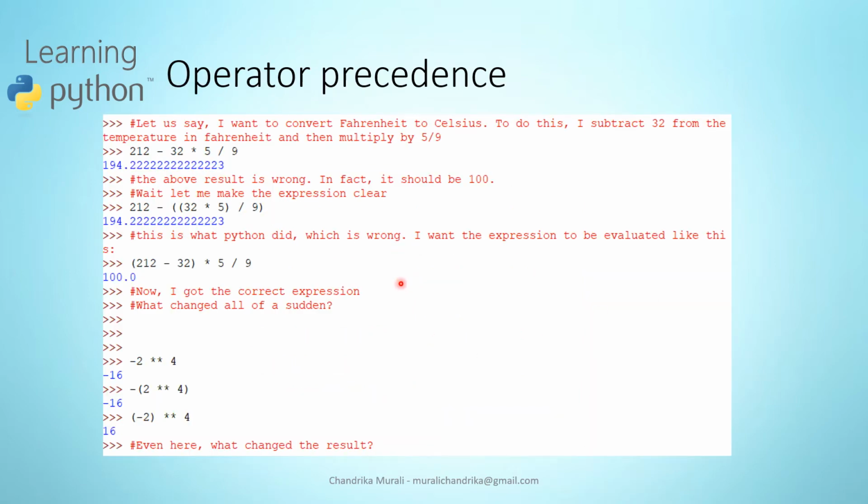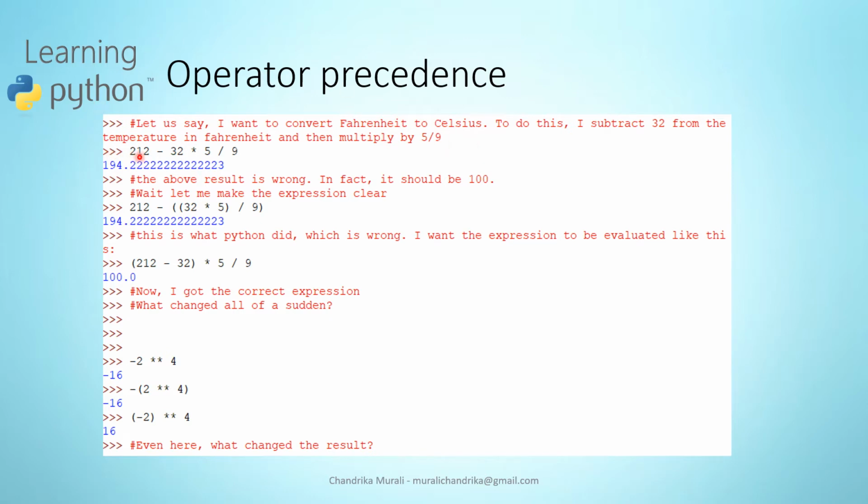Now let us see an important concept called operator precedence. Before going to this, I want to take an example and execute an expression here. I have a value in degree Fahrenheit and I want to convert it into degree Celsius.